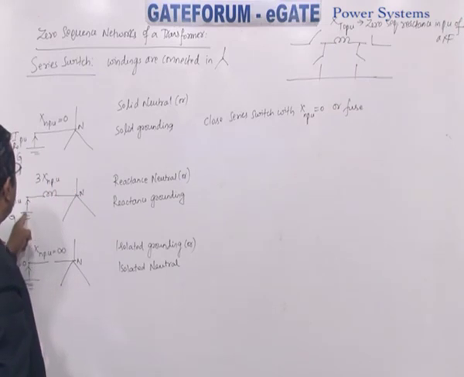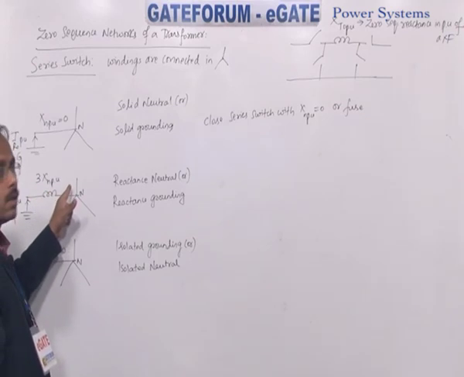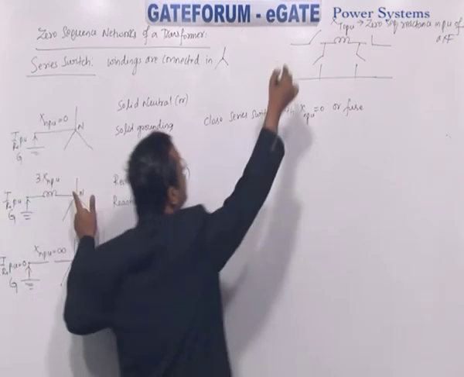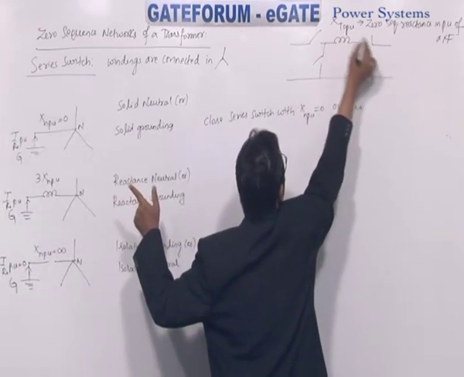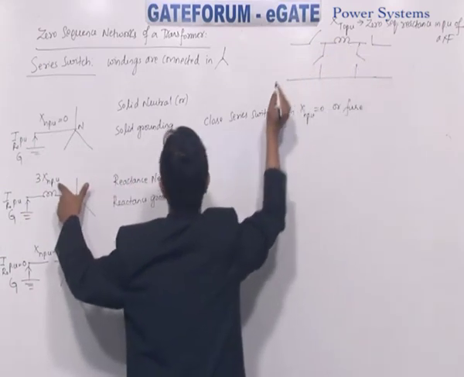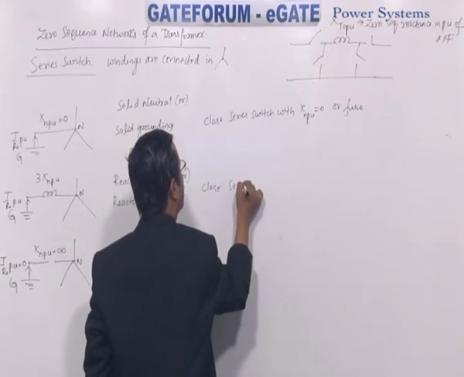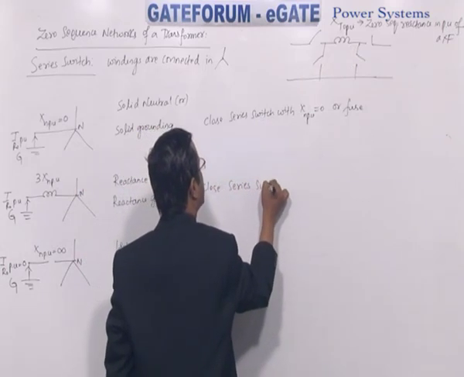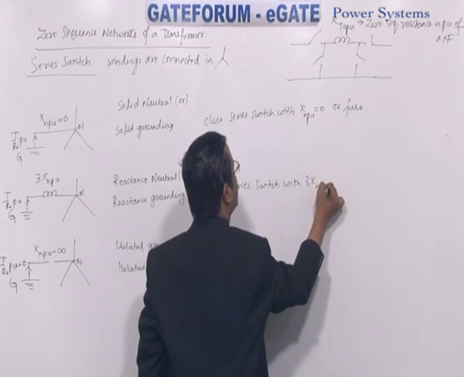There is a path for zero sequence current flow from ground to neutral. Now here also, how current flows? Only when the switch is closed. With how much reactance? 3Xn per unit. So what you do now? You close the series switch with 3Xn per unit.